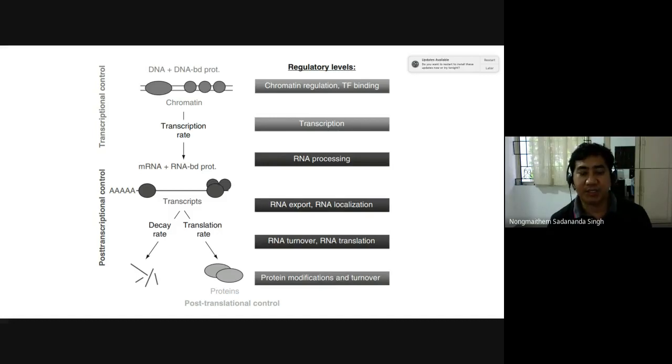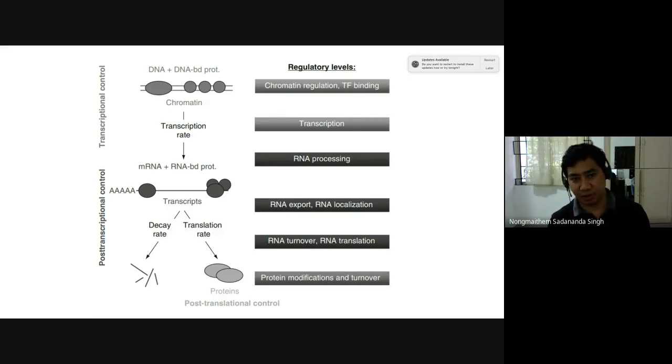So there are different levels of regulation, basically at the transcription, at the chromatin level, and then you have the transcriptional rate, then processing, then exporting out of the nucleus, then after that recognized by the translation. So when we talk about post-transcriptional regulation, it's more of the splicing can be regulated.